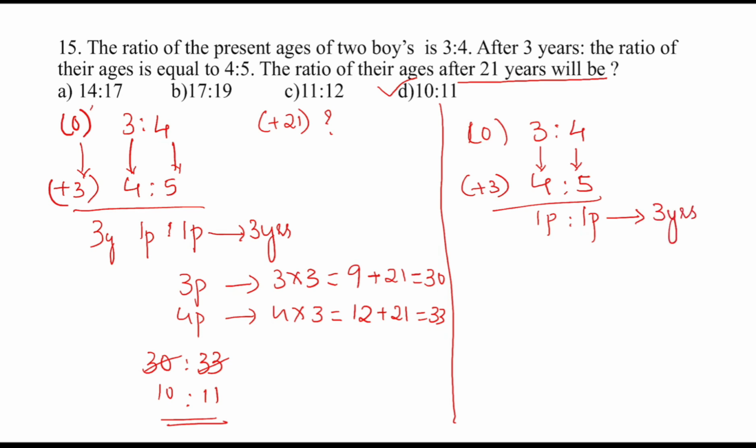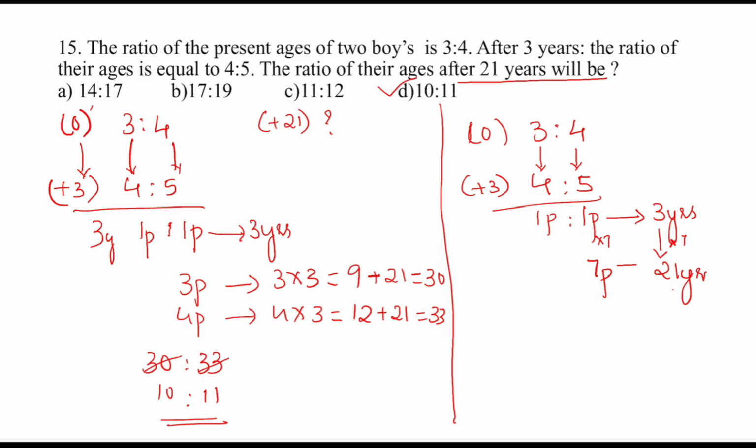Since we want the age after 21 years, if 3 years is one part, then 21 years will be how many parts? 3 sevens are 21, so multiply by 7, it will be 7 parts. So 21 years will be 7 parts.